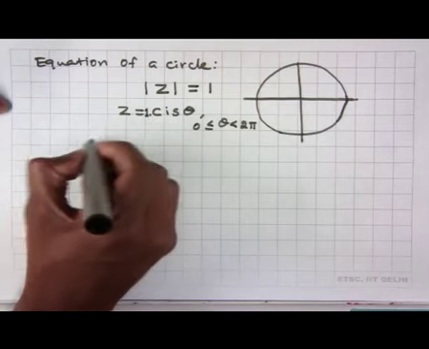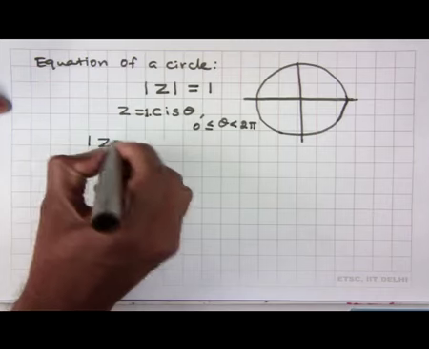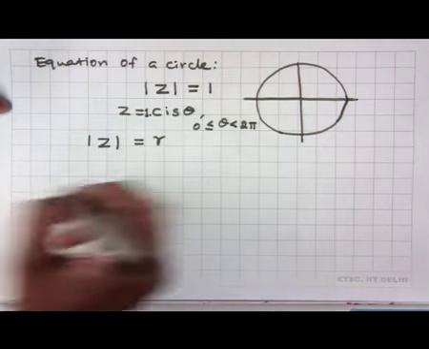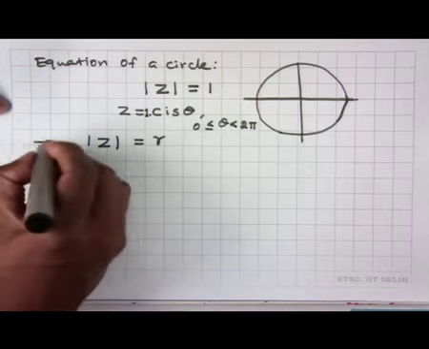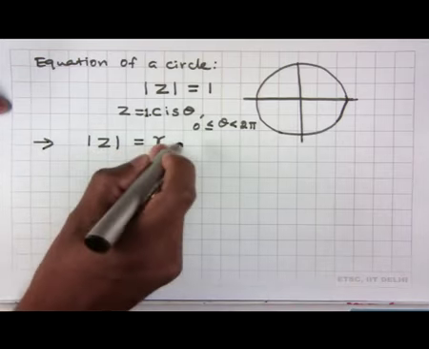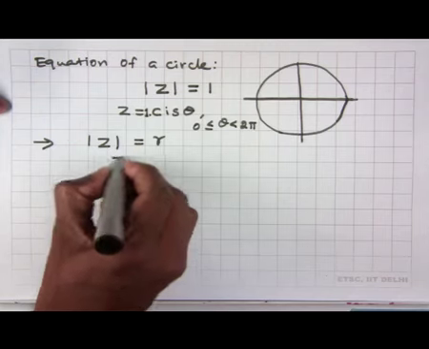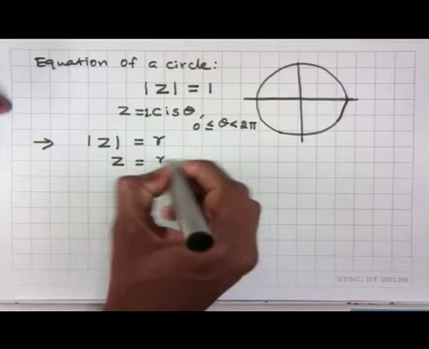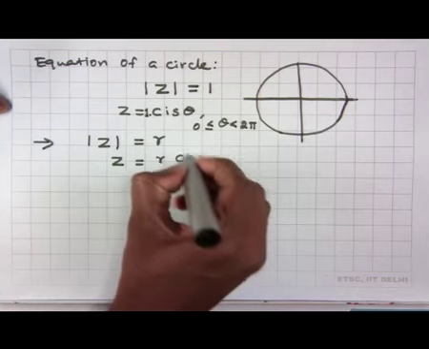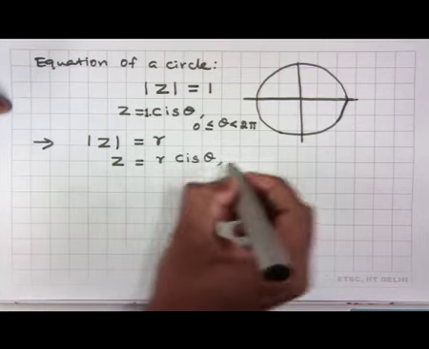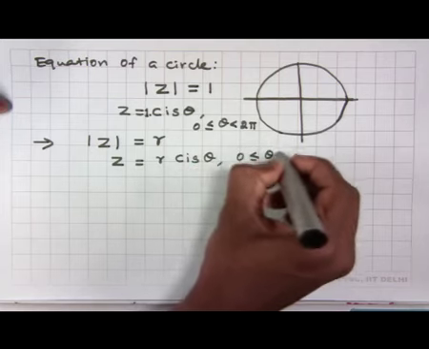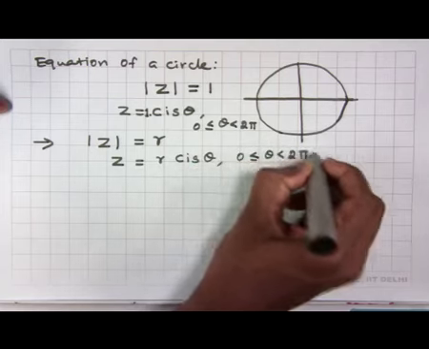If I consider similarly a circle with center as origin and radius as r, it is described by mod z equal to r, and here you get the parameterization as z equal to r cis theta, where r is fixed and theta is varying from 0 to 2 pi.